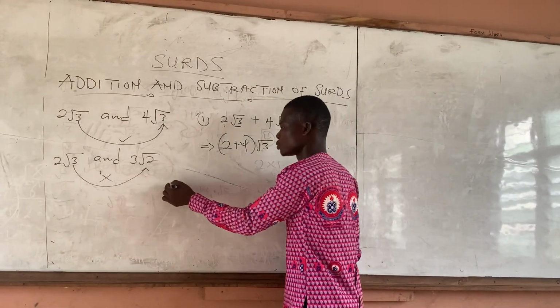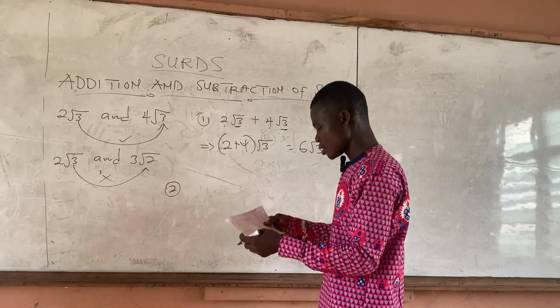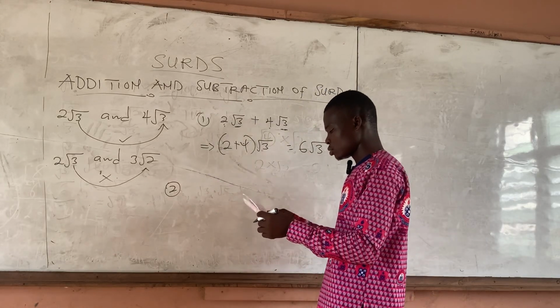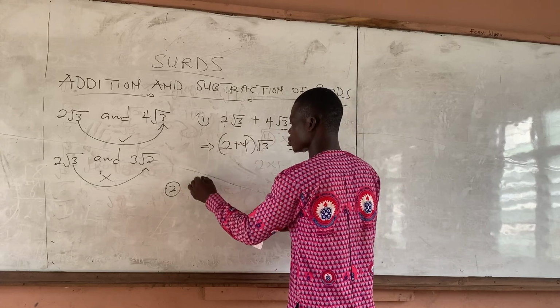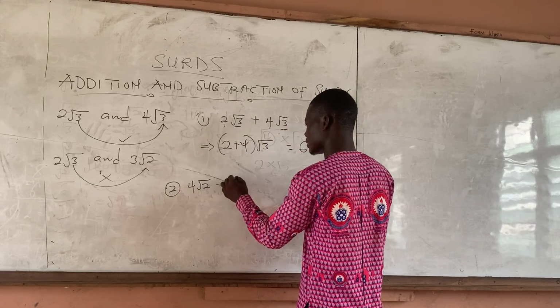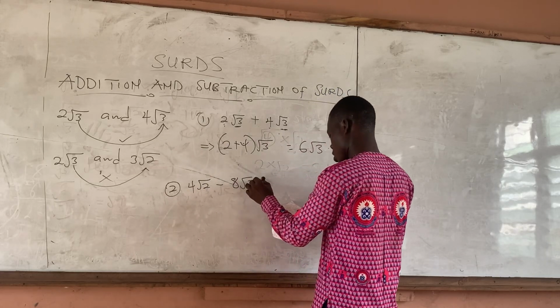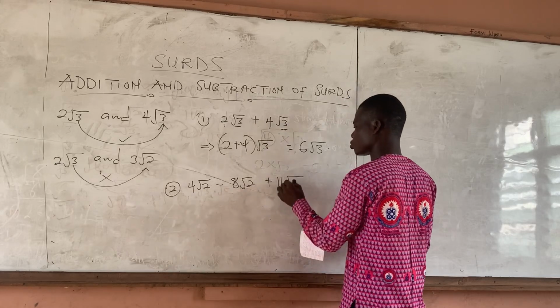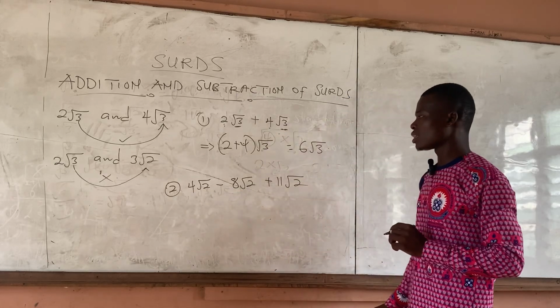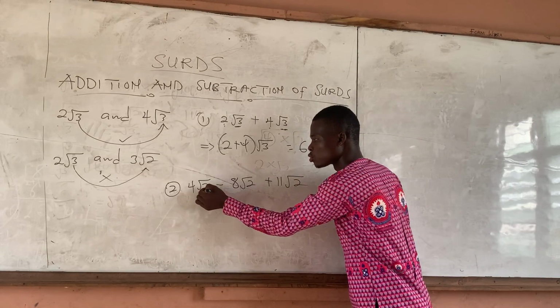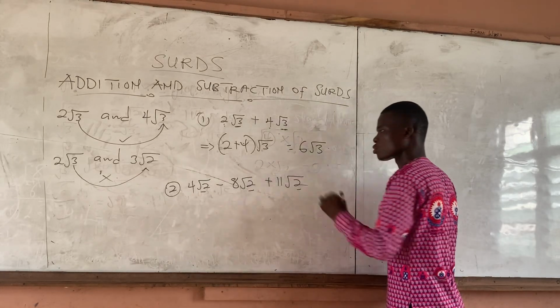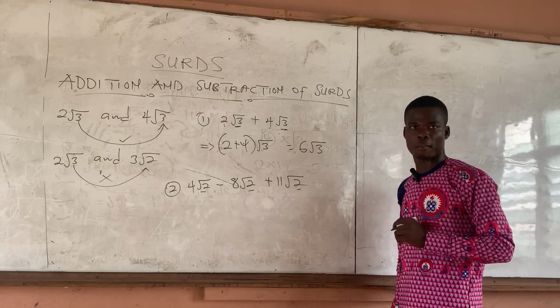Number 2. Suppose we have 4 root 2 minus 8 root 2 plus 11 root 2. Let's check. Here is root 2, root 2, root 2, meaning they are of the same form.